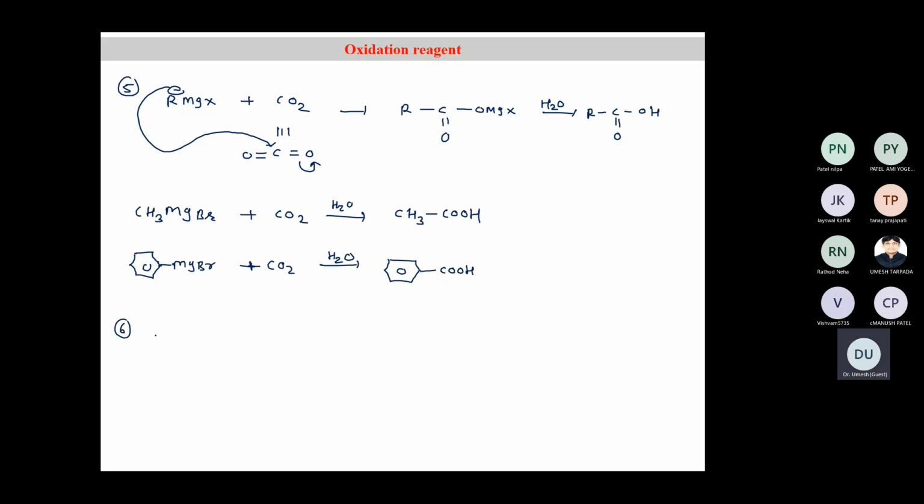Now, if you want to synthesize alkane, then what happens? RMgX, when it reacts with H2O, hydrolysis is simple. H2O has H plus and OH minus.